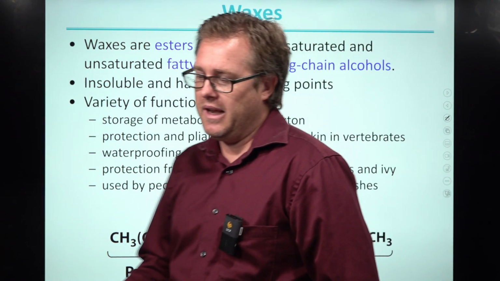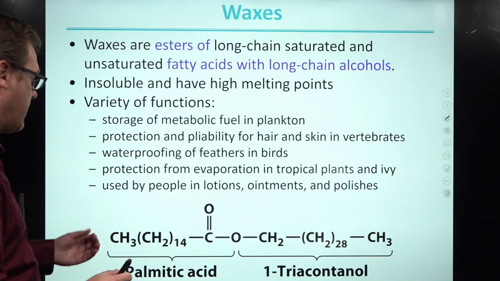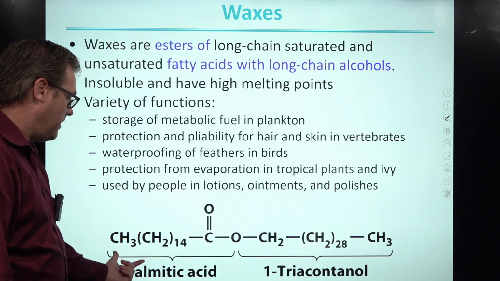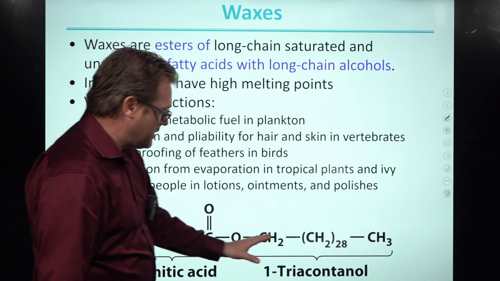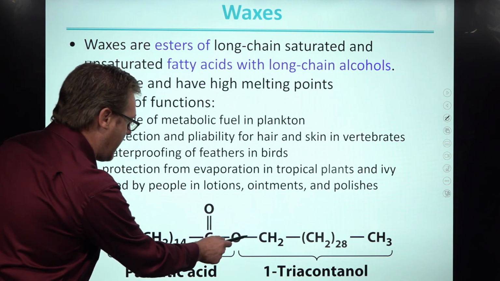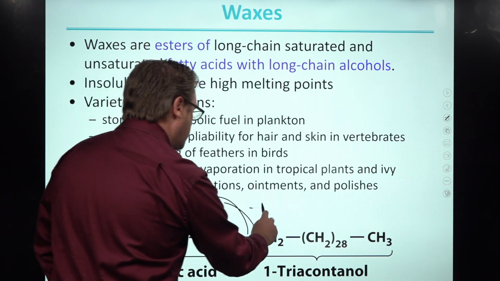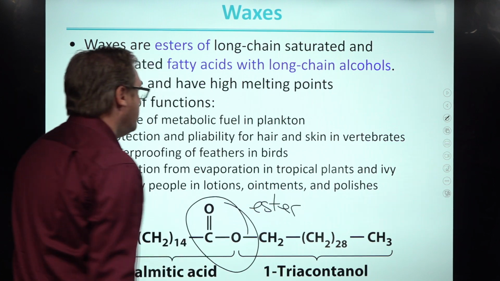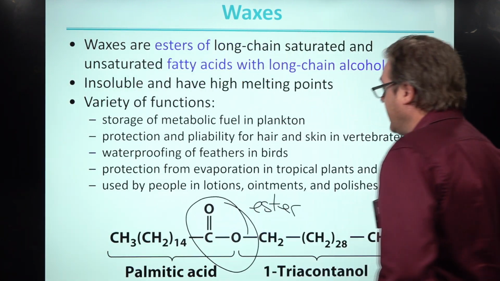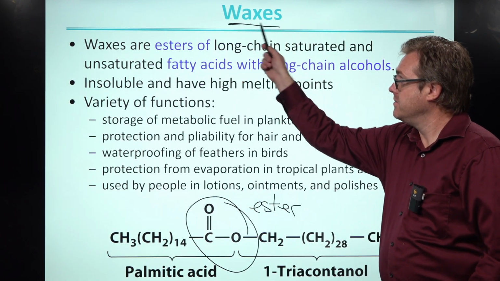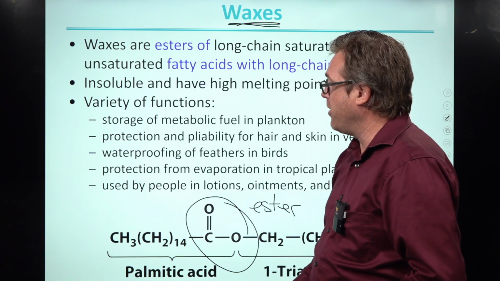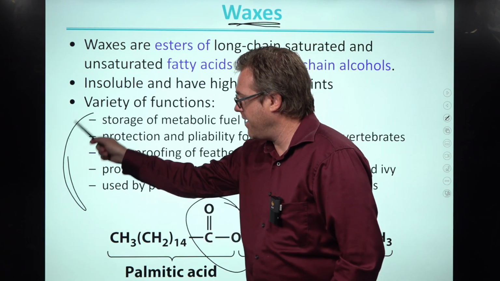Another interesting thing when we take a look at fatty acids is that we can take a fatty acid, palmitic acid, and attach it to this other long carbon chain right here via an ester linkage. With that ester linkage, what's going to happen is we make a wax. Okay? There are many purposes for nature to make waxes, all listed right there.